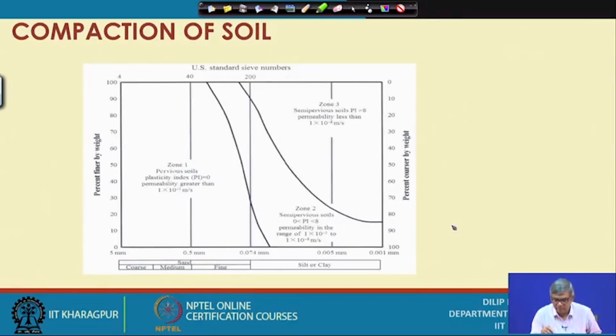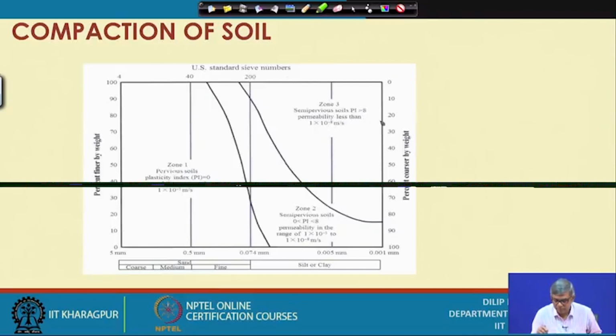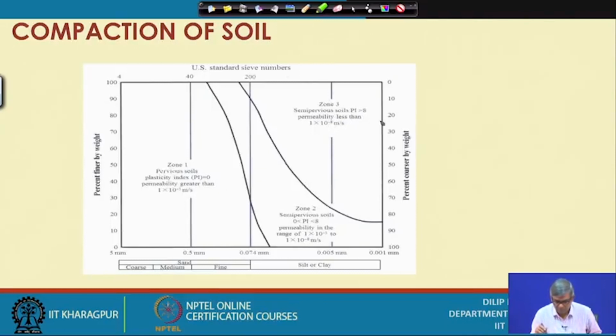You can see, pervious soil, plasticity index 0, permeability greater than this, and zone 2 semi-impervious soil, permeability is this. This is the range, and this is zone 3, PI greater than so. This is the zone where you have good conditions for deep dynamic compaction.